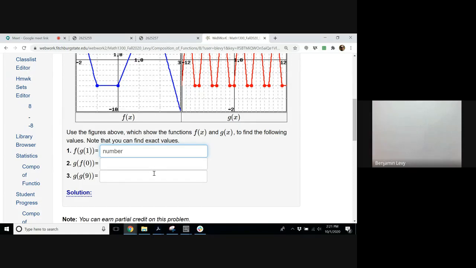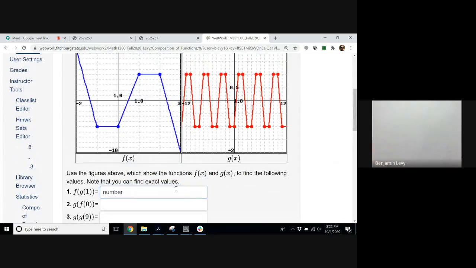I don't always put questions like this on there, but it is important that we understand how to do this one, I think. So let's just talk about this one quick. If I wrote something like f of 10, this means you look at the f graph, the blue one, at x equals 10.